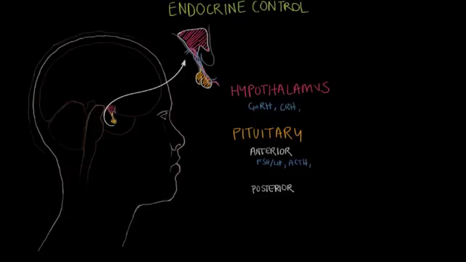And so moving along, the hypothalamus also releases thyroid releasing hormone, or TRH. And thyroid releasing hormone goes down to the anterior pituitary, and it stimulates the anterior pituitary's release of thyroid stimulating hormone, TSH. And thyroid stimulating hormone goes down and it stimulates the thyroid gland to release its hormones, thyroxine and triiodothyronine.